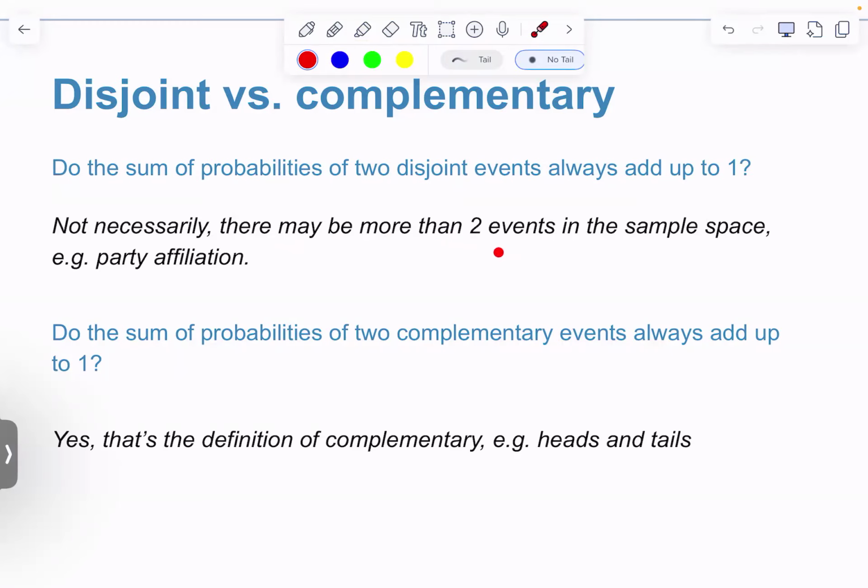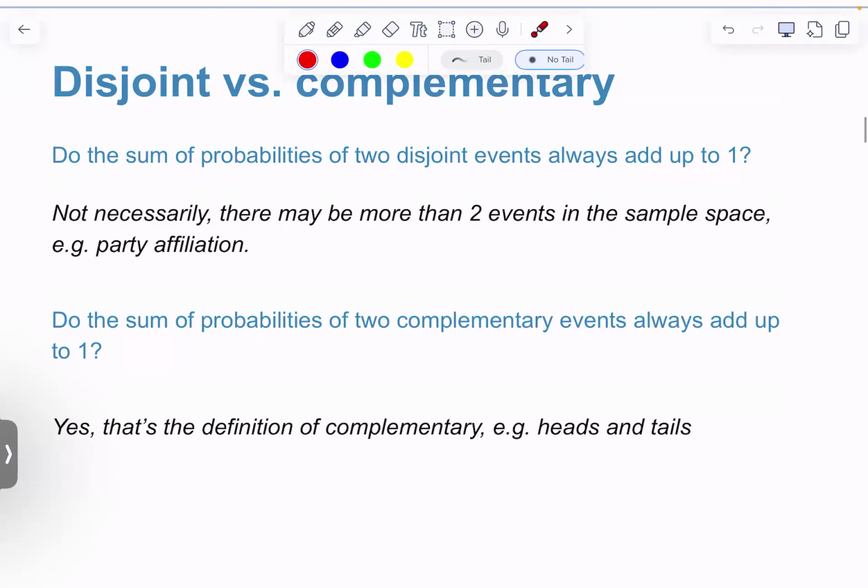If I roll a die, rolling a 1 and rolling a 2 are disjoint, but those probabilities only add up to 2 out of 6. I have to look at all the disjoint events in the sample space and add all those probabilities for them to add up to 1.